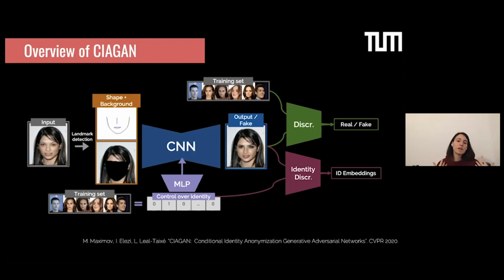So not only generating a realistic face, but generating a face that we can control, so that the output is not only a new face, but a new face that we can control whether we want to have it the same for all the frames in a video so that we can do tracking, or not.